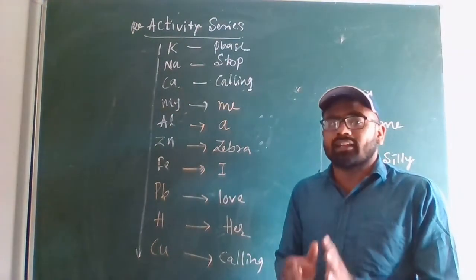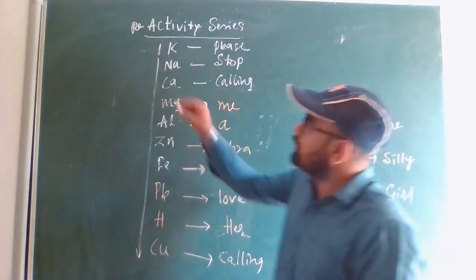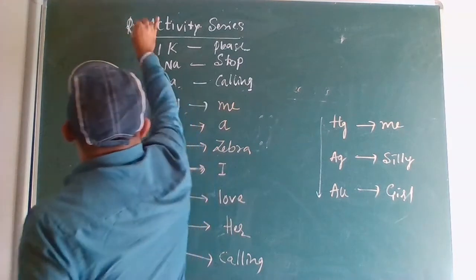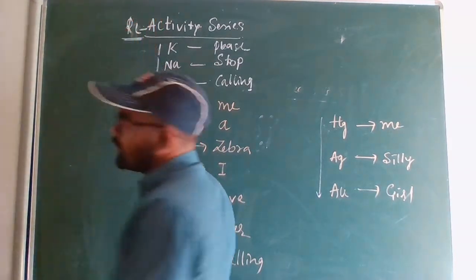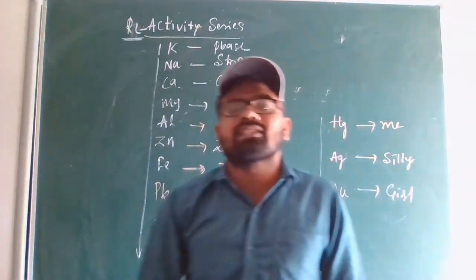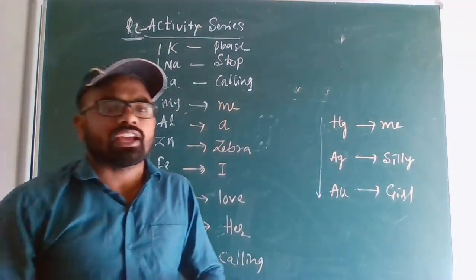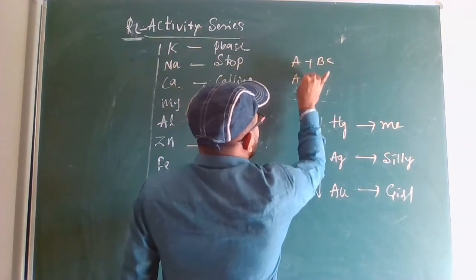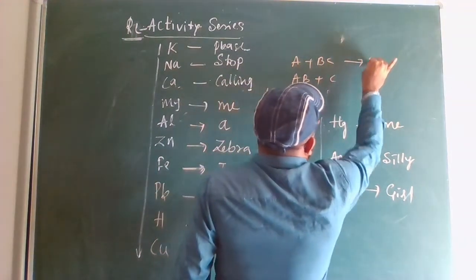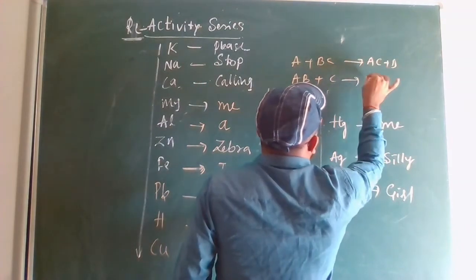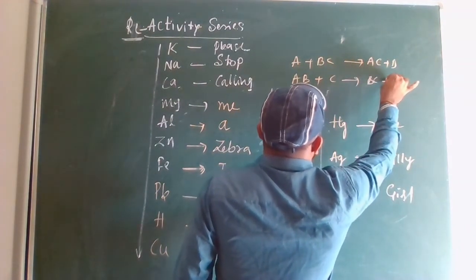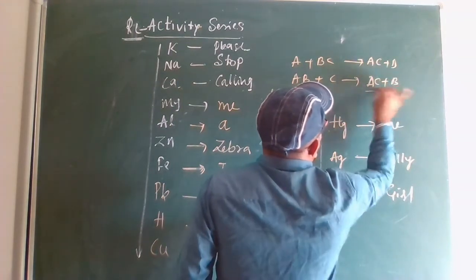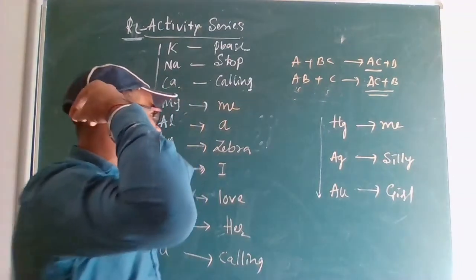So this is the reactivity series. Today we have seen displacement reactions. A reaction of the form A plus BC or AB plus C will give AC plus B, or BC plus A. These are called displacement reactions.